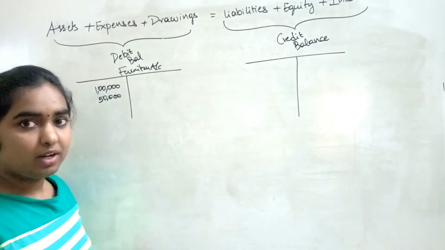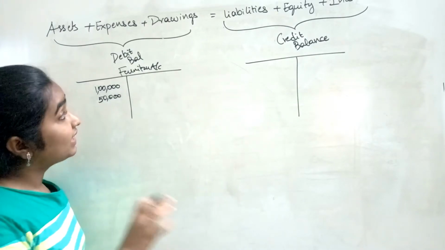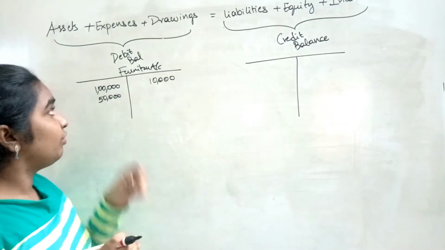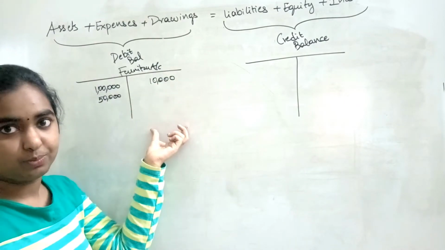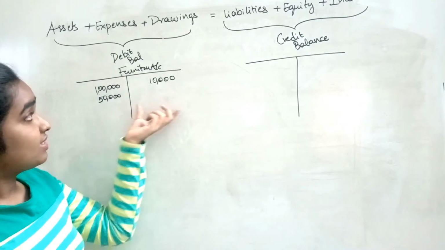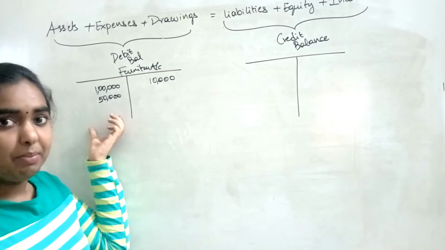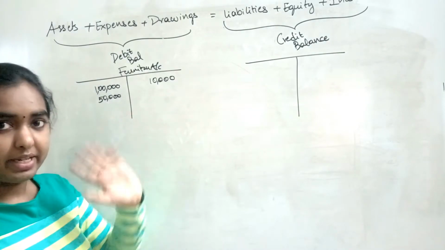Let's say we have sold a furniture worth 10,000. In that case, we will be writing it on the credit side, indicating that we are reducing the furniture value. Right. So ideally what we can say is any increases will be debited, any decreases will be credited.